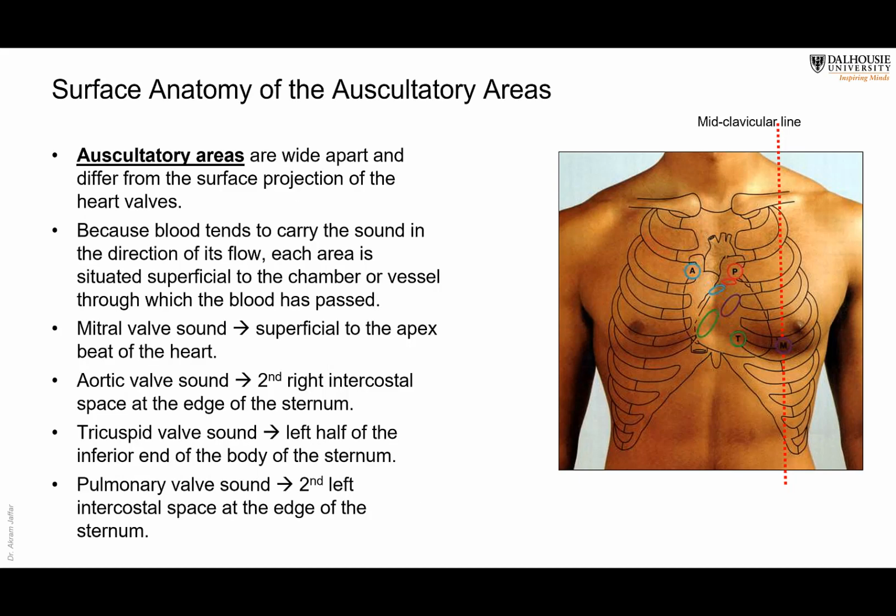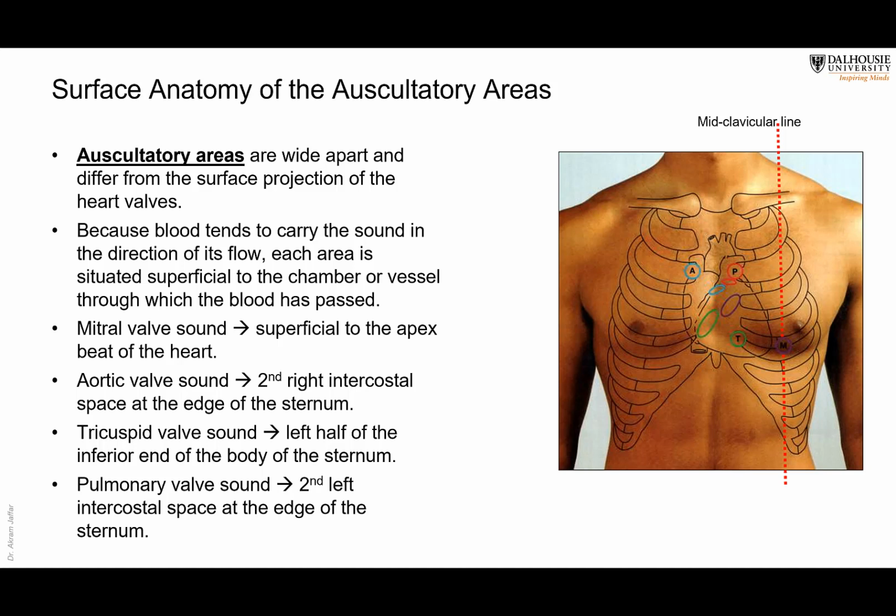Now, because they are located in one location, it's very difficult to distinguish which sound is produced by which valve. So if the valve is abnormal, we cannot exactly say which valve if we just put the stethoscope in the anatomical location. So there are certain auscultatory areas which are separated from each other.